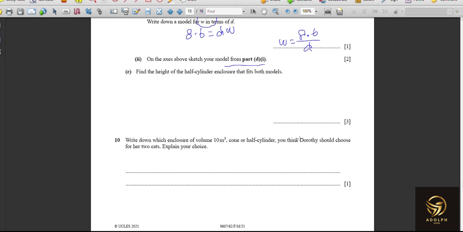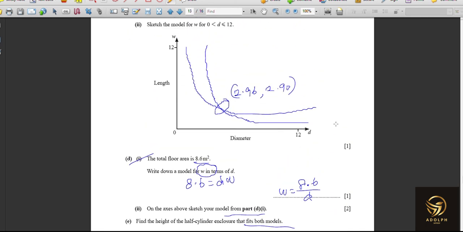Find the height of the half cylinder enclosure that fits both the models. What does it mean by both the models? The height value for the two models is the same at the intersecting point. The height is nothing but d by 2, because it's a half cylinder, so this is the r.